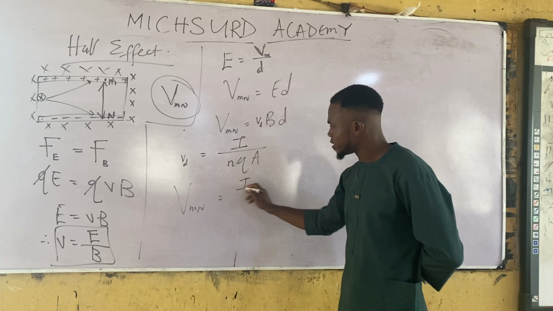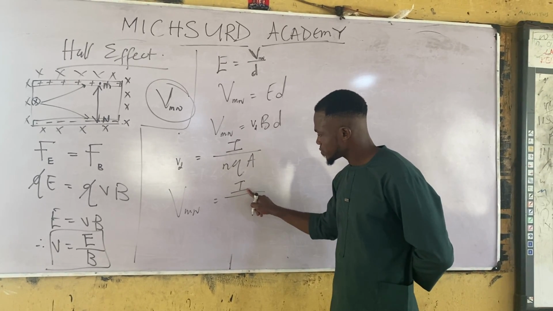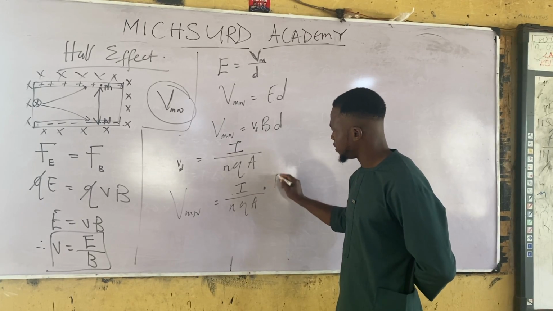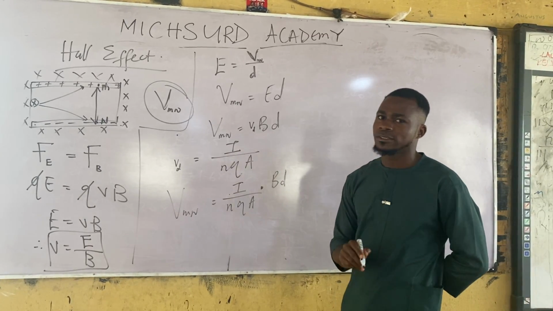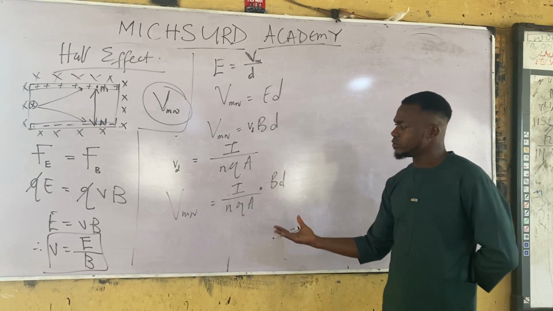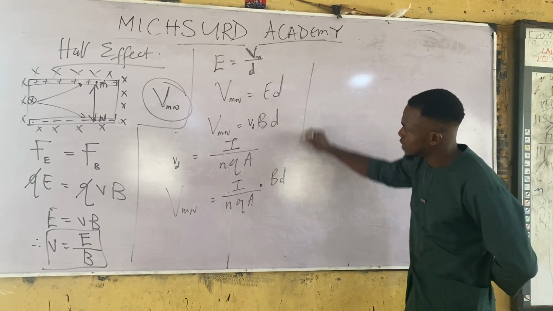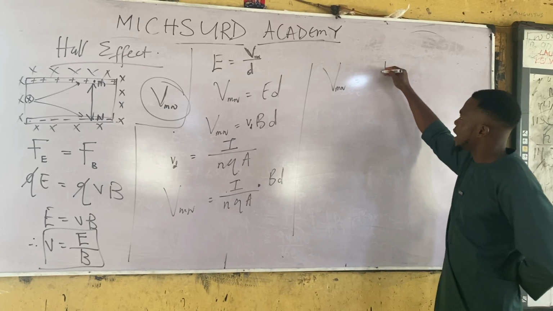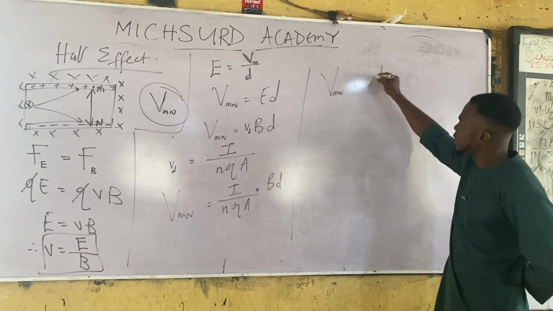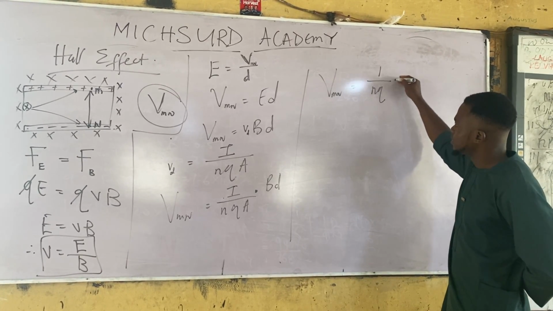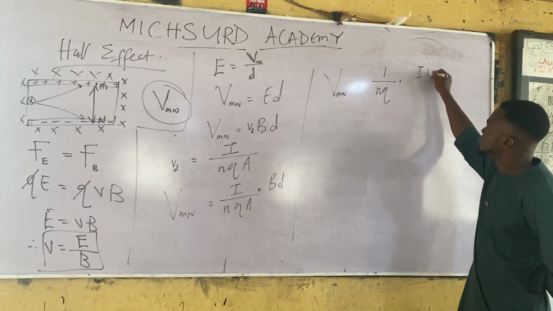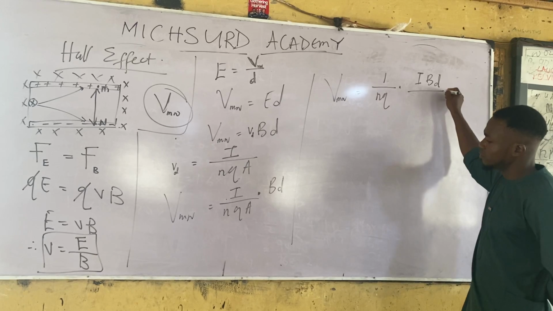So we have I all over nqA, then times Bd. Now, a little arrangement of this formula implies that our VMN is equal to 1 all over nq. Then let me bring my I here, so that the I is multiplying with Bd all over A.